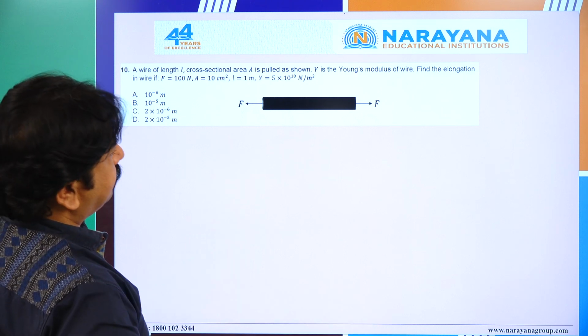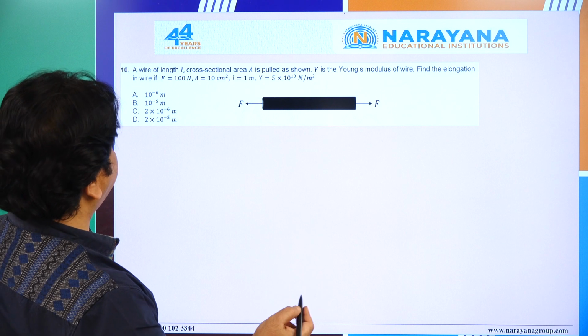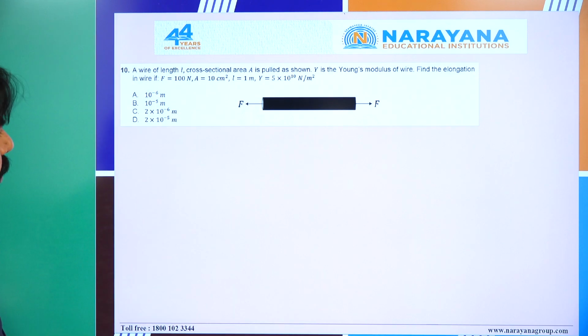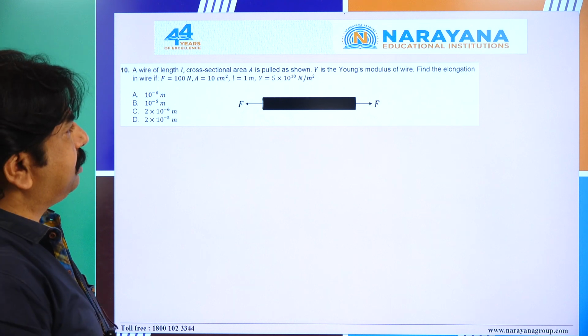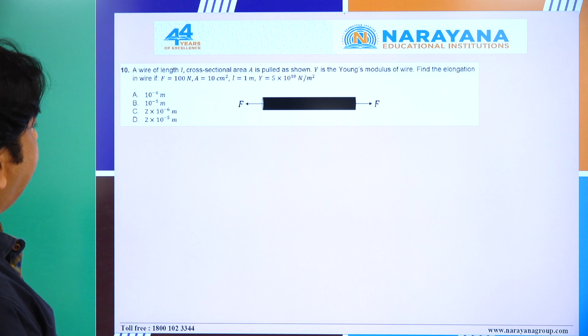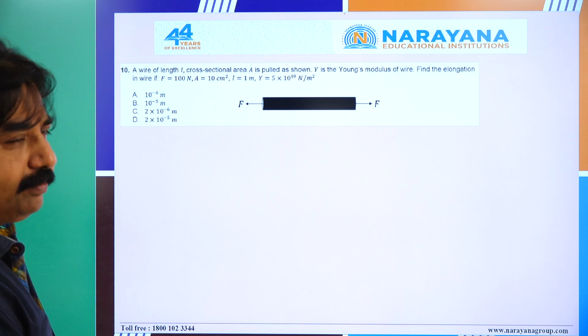Here also we have to find the elongation. Take a wire of length L, cross-sectional area A, pulled as shown, Y is the Young's modulus of the wire. Find the elongation of the wire; F, A, L, Y are given.